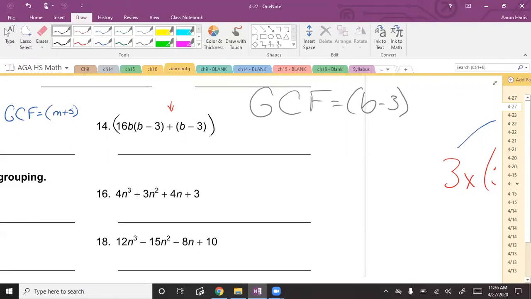I can put it in parentheses, and then what do I do? Make another set of parentheses, correct? What do I put out to the left side in front of it? Outside of this parenthesis, what am I going to put?